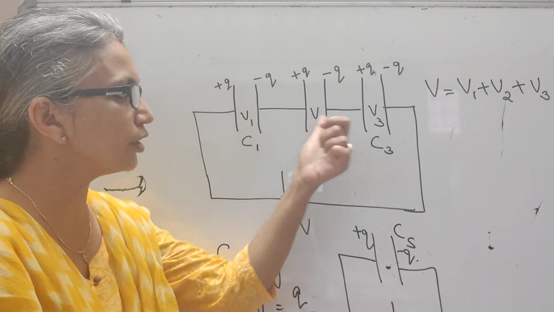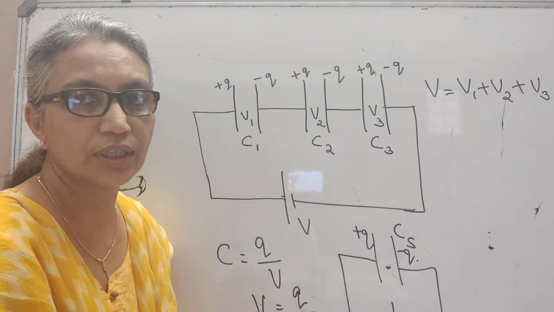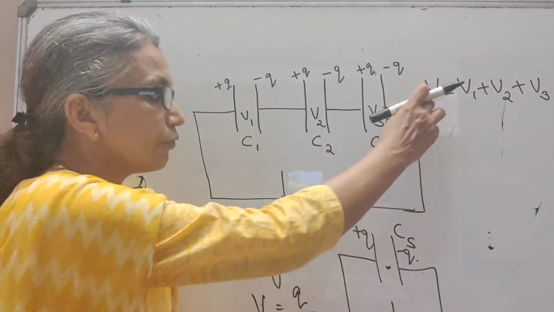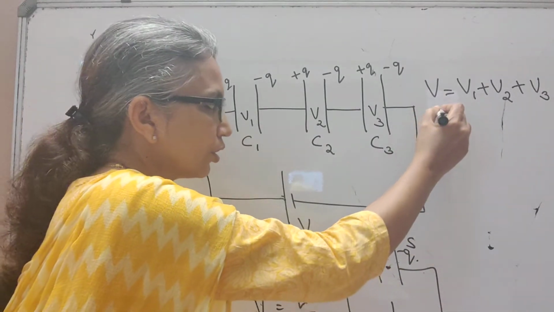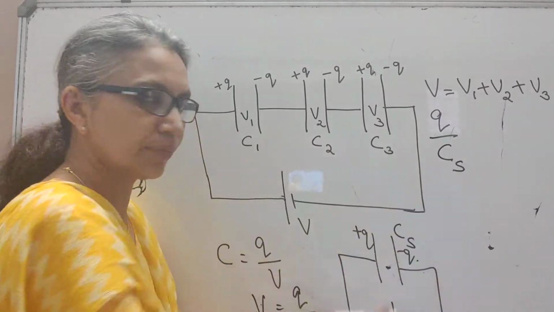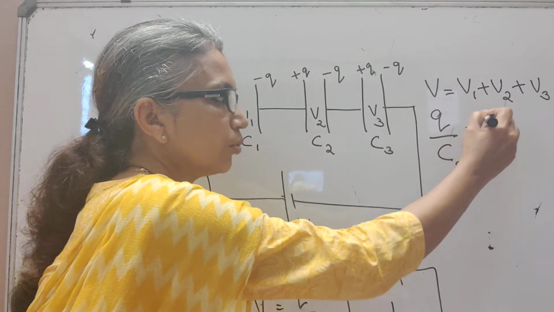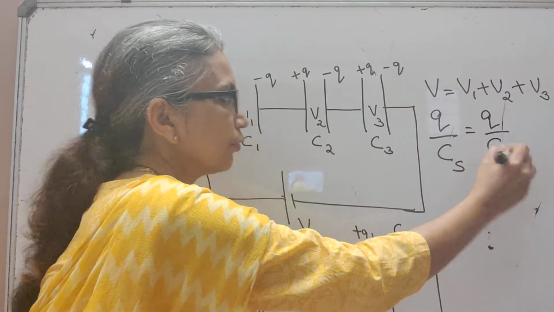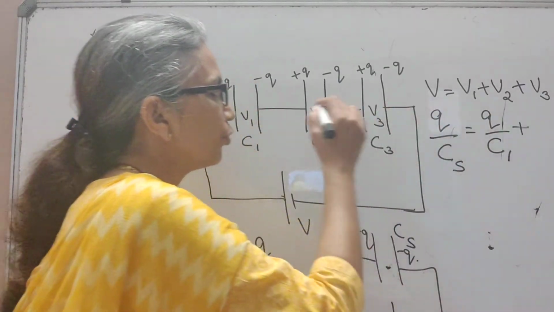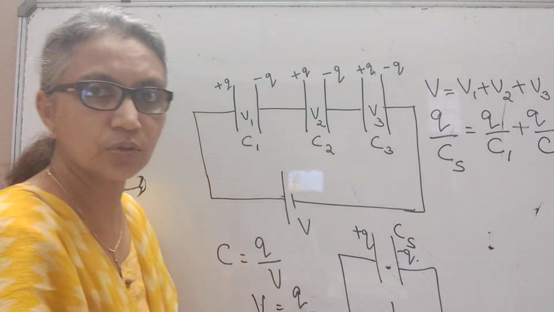And this C1, C2, C3, their effective capacitance is replaced by a single capacitor, which is what I call CS. So here, using this formula, I may write V is equal to Q by CS. CS being the effective capacitance of all these three, V should be equal to Q by C1, for the first one, with capacitance C1 carrying a charge Q, plus for the second one, it's the same charge because it's in series, but the capacitance is C2.